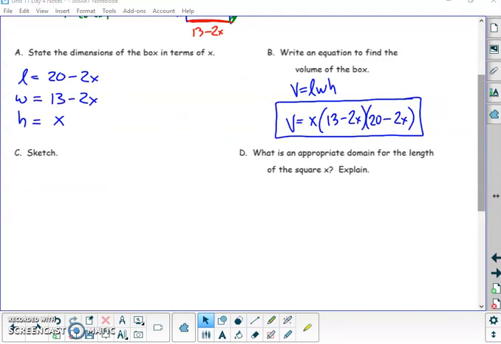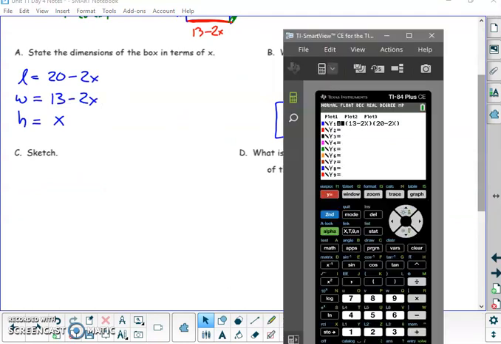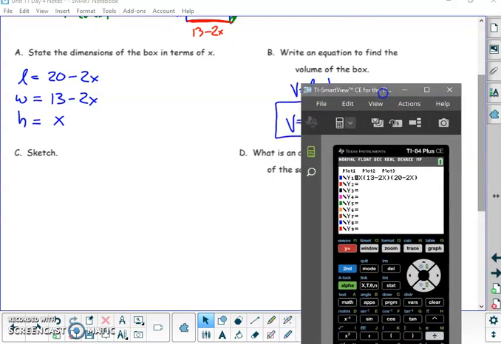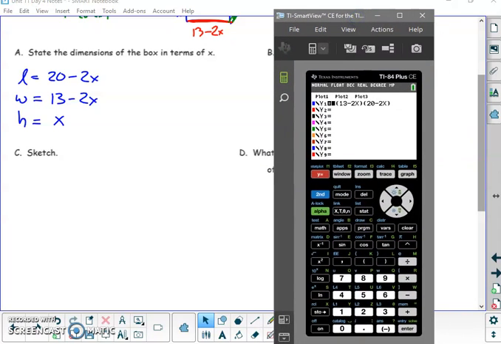Okay, so now we need to make a sketch. I've already loaded this into the calculator. So you're going to put the volume equation into your calculator, just the way you see it. Like I said, you don't need to multiply it out. Factored form is fine. And for the sake of brevity here, I've already adjusted my window. So you can take a look at what I put in. I played around with it a little bit so I could get a semi-decent graph. That's what I've got for my graph.